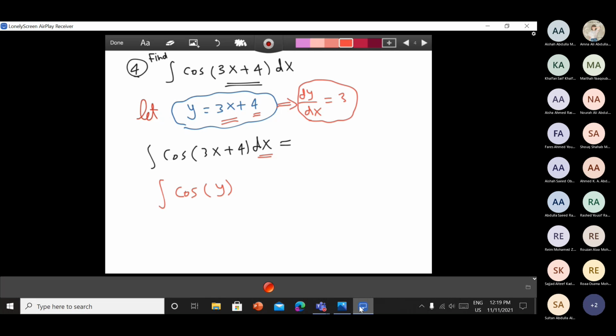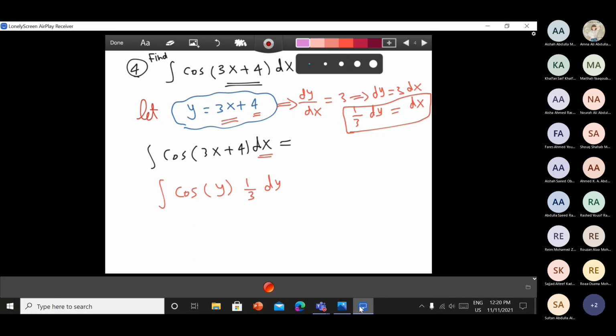I'm looking for dx. So dy will equal 3 dx. I'm looking for dx only. So dx is dy divided by 3. Now I have dx. Now substitute here, so you have 1 over 3 dy. What about the result? You just take this constant outside. Any constant multiplied, you can take it outside the integration.